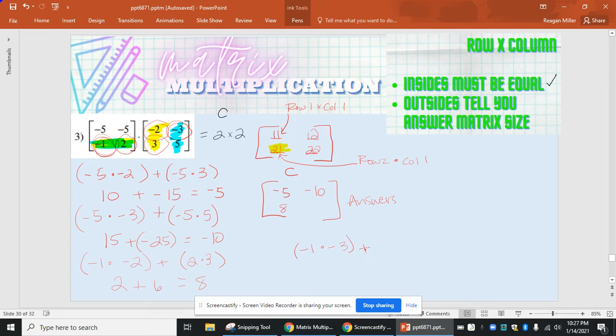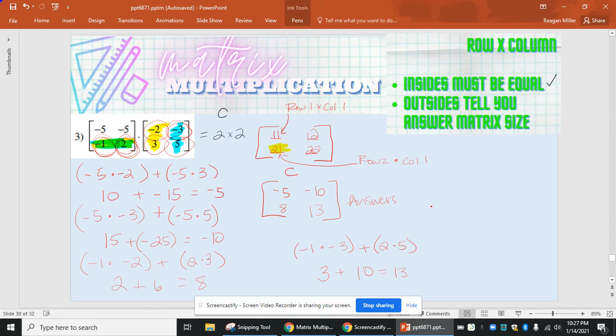And then I'll add that to 2 times 5. Okay, so -1 times -3 gives me 3. And then 2 times 5 gives me 10. And 3 plus 10 gives you 13. So that would be my answer for element or term 22. So this is the answer.